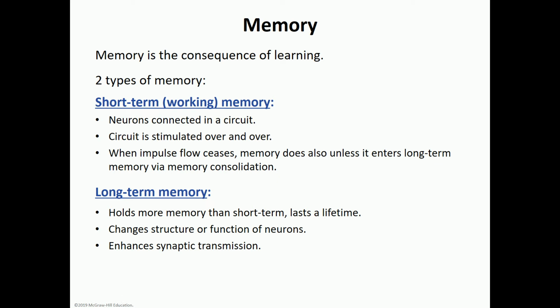For memory, there are two different kinds of memory. The first one is short-term memory, and the second one is long-term. When we're learning something for the very first time, it gets into our short-term memory. Then we have neurons connected in a circuit that keep reminding us of that short-term memory.